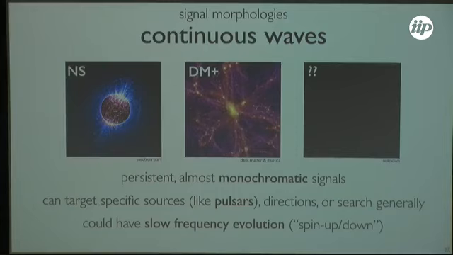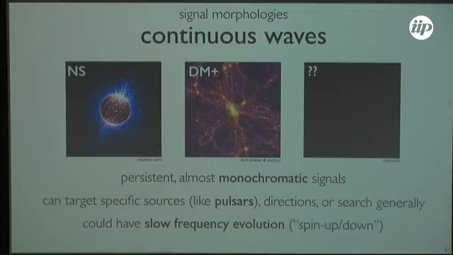The signal you expect from a system like that is almost exactly a monotone. So it will be a gravitational wave that has content almost exactly at a single frequency. It will not be this quick rising chirp that we saw before for the compact binary coalescences. It will be just a steady tone, and it will be on for a very long time, effectively forever as far as we're concerned.